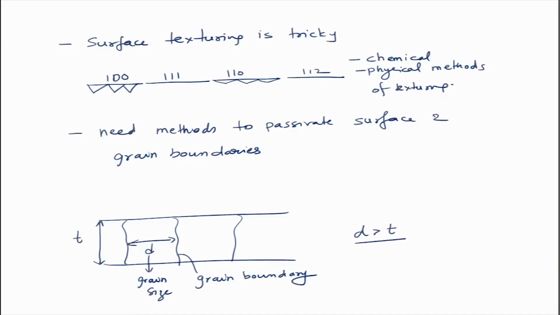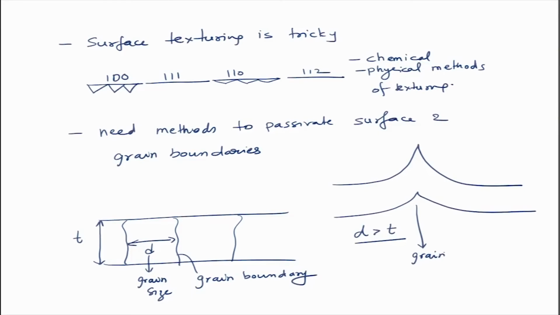Another thing that you often come across is, since you have a grain boundary, the grain boundary leads to formation of an energy barrier at the grain boundary. It forms an energy barrier for carriers, and because it is an internal surface with dangling bonds, the carriers also get trapped.